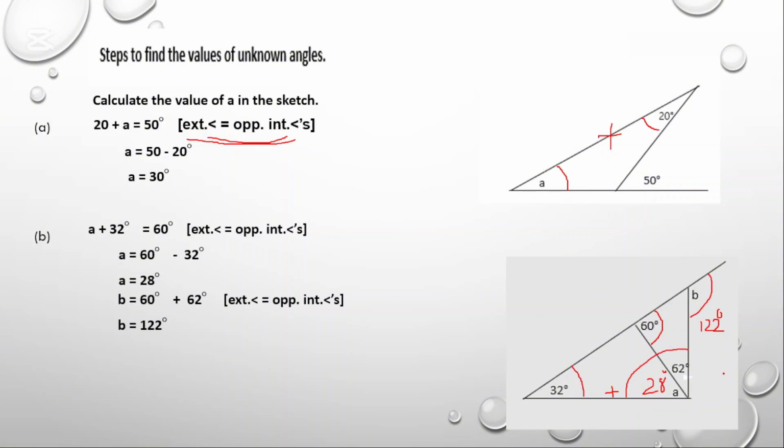So that's another way of doing it. This B is equal to this 32 plus that 28 plus that 62, and you get exactly the same answer. B is equal to 122 degrees.